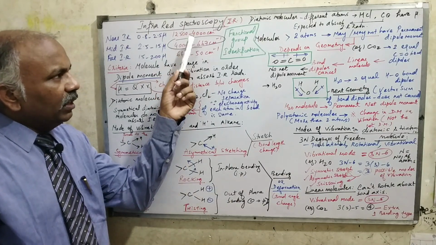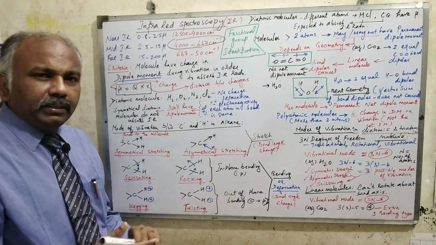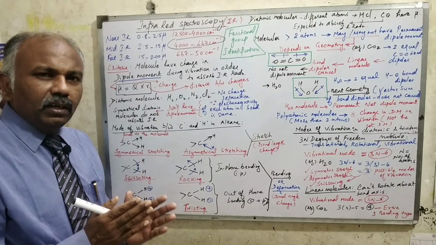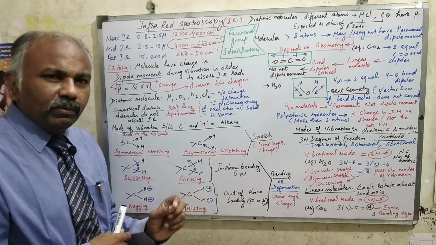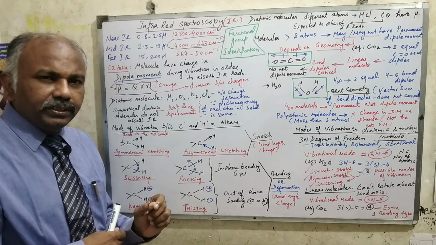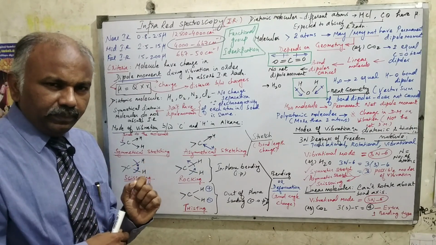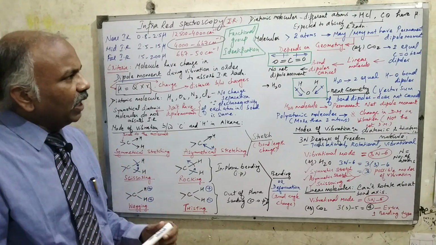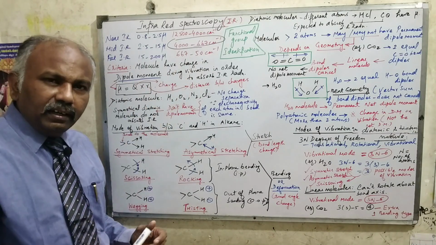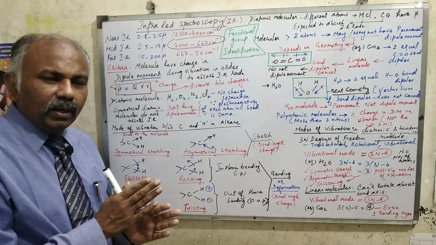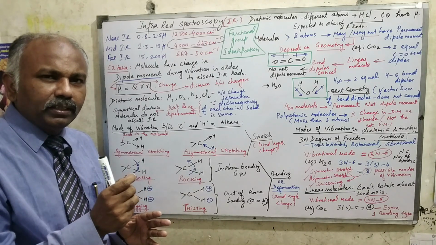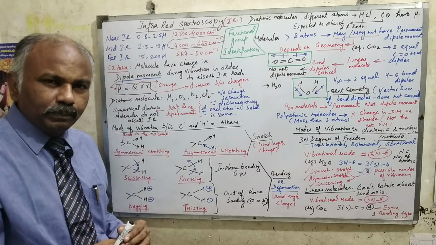This is the way we classify the regions of IR, but generally, based upon the functional groups, we classify the regions into two groups. One is the group frequency region or the functional group region, and the other one is the fingerprint region. So the functional group region starts from 4000 to 1300 centimeter inverse. Most of the organic functional groups will be observed in this region, and they give sharp bands in the spectra.